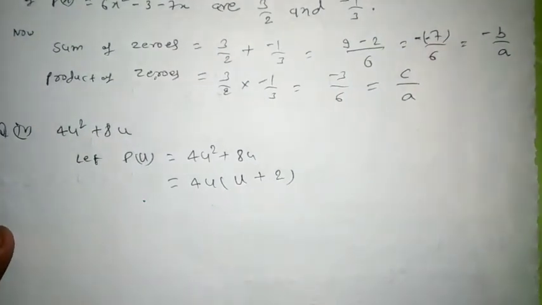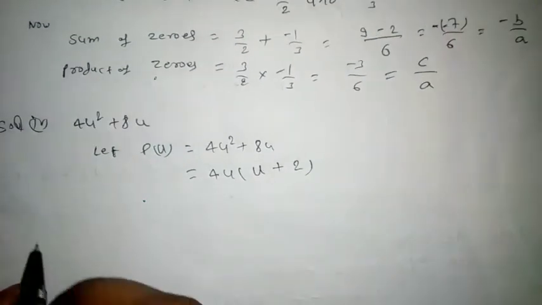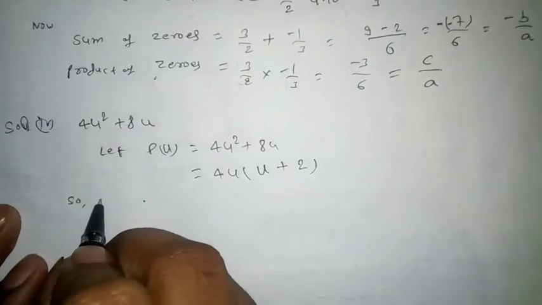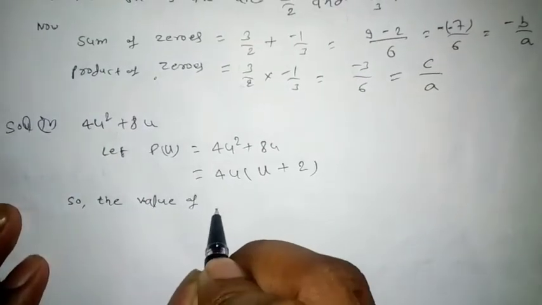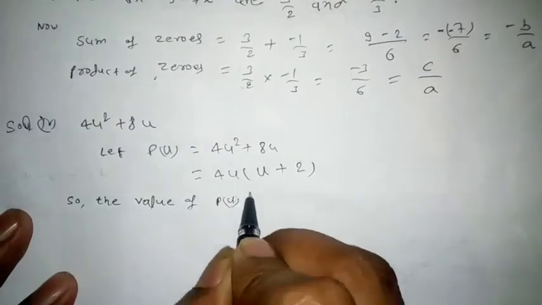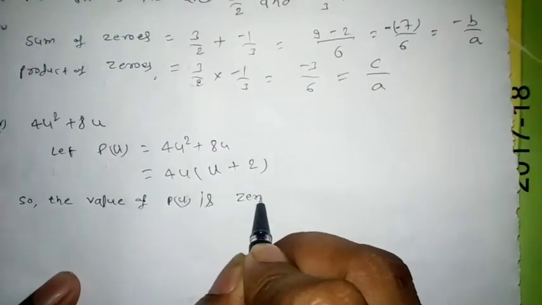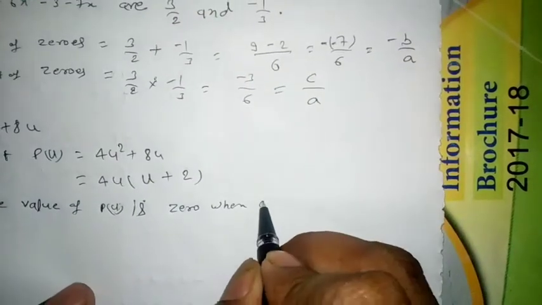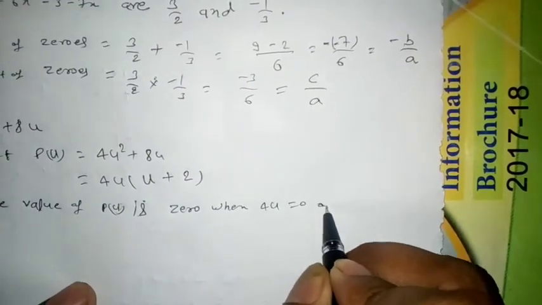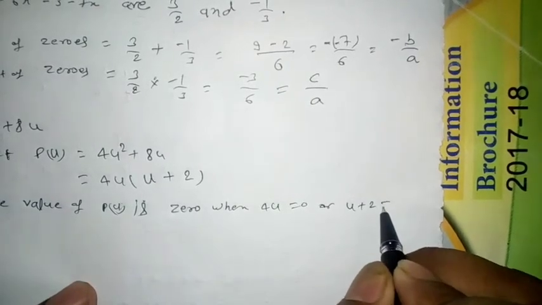Now the value of pu is 0 when 4u is equal to 0 or u plus 2 is equal to 0.